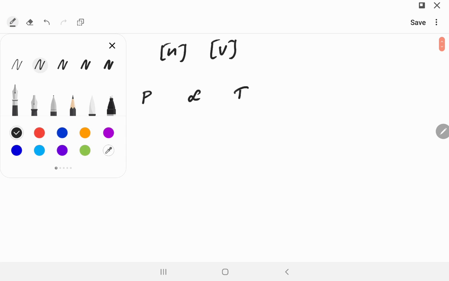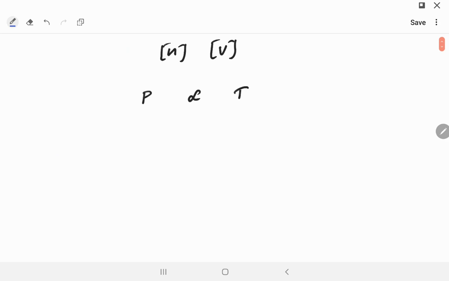So at constant amount and at constant volume, the pressure of a gas is proportional to the temperature of that gas. You already know that we don't like proportional signs, so we will replace the proportional sign with an equal sign, but it comes with a constant, of course.